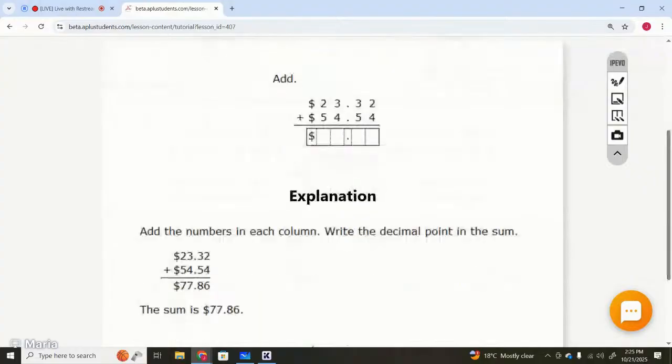We add the money amounts the same way we add numbers. So start adding from the ones digit. 4 plus 2 makes 6, 5 plus 3 makes 8, 3 plus 4 makes 7, and 5 plus 2 makes 7. That is 77.86.